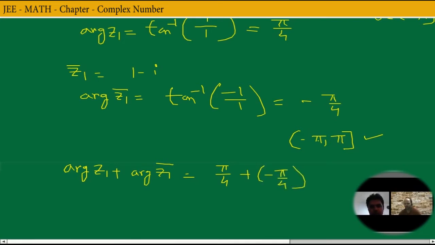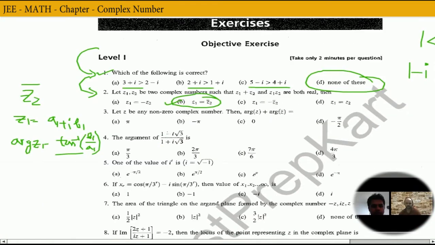What would be your answer? 0. Yes. So does it make sense? That is how you are supposed to do this question. Let's come to question number 4. It says argument of 1 minus i root 3 over 1 plus i root 3.